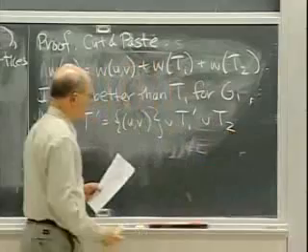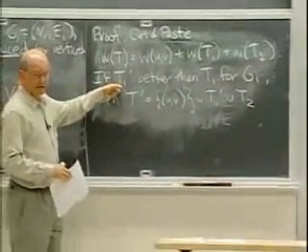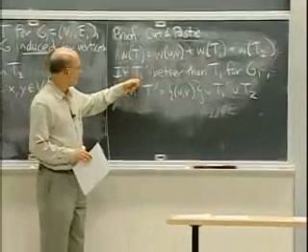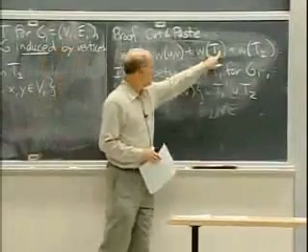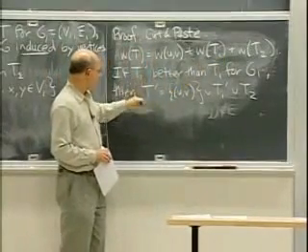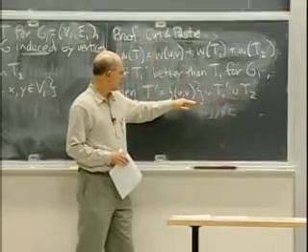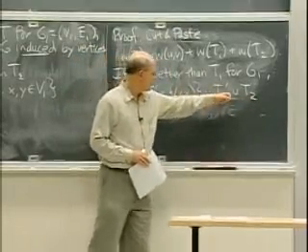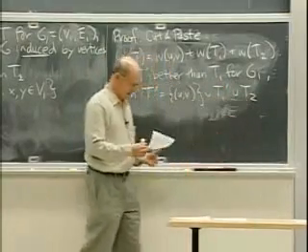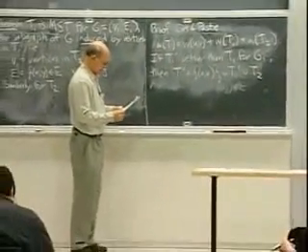If I had a spanning tree of lower weight for T1, and I call that T1 prime, I just substitute it and make up a spanning tree consisting of my edge UV, whatever worked well for T1 prime, and whatever worked well for T2.